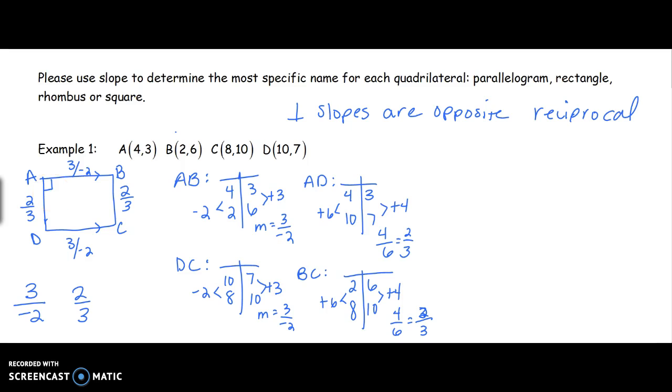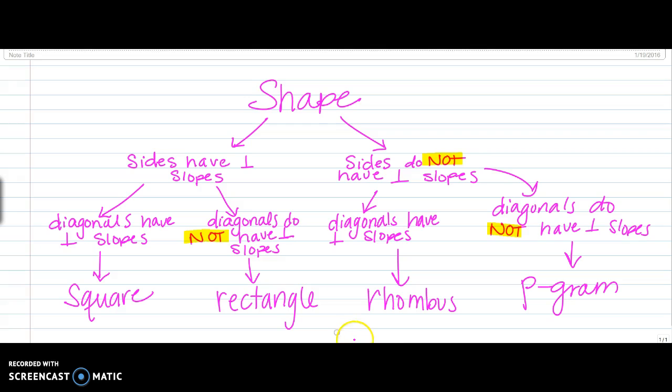Now there is a chart that you need to know, and this chart looks something like this. On the back of your sheet, go ahead and copy this down. It's kind of like a flow chart. So we start with our shape. We don't know what it is, but we've labeled our corners. The first step is to look at the sides.